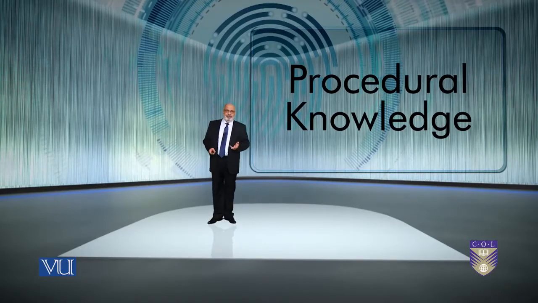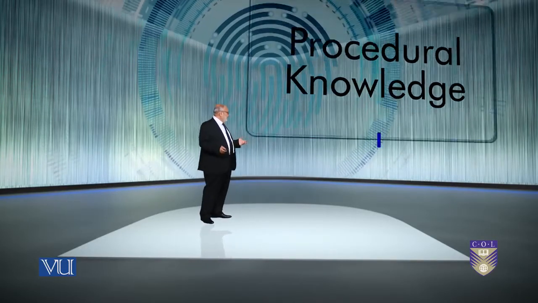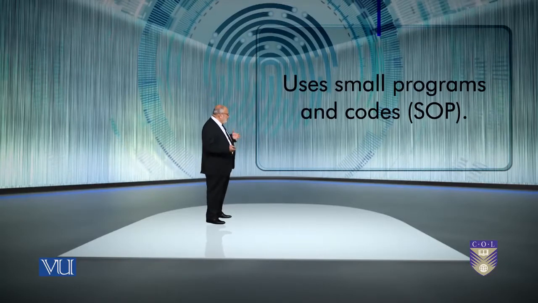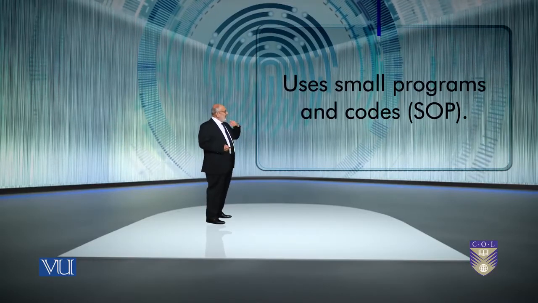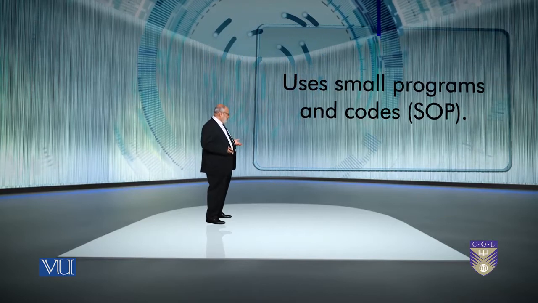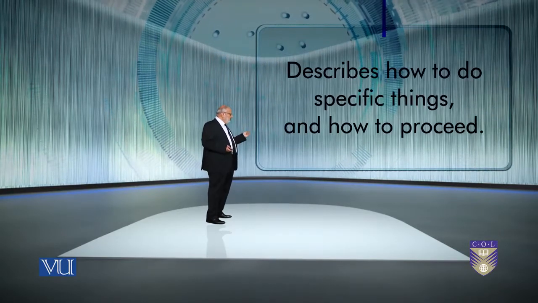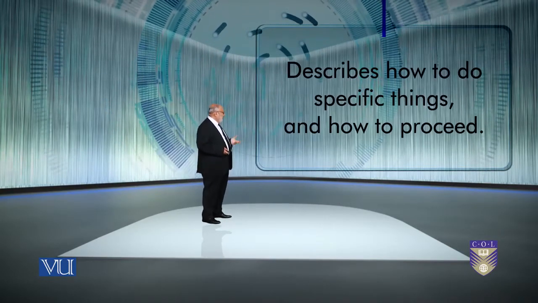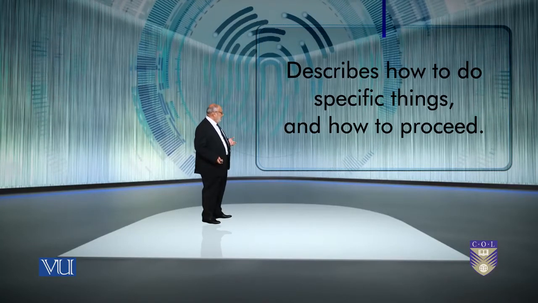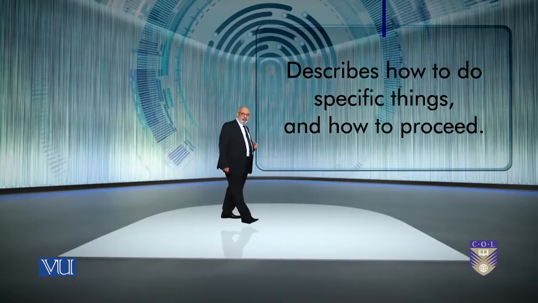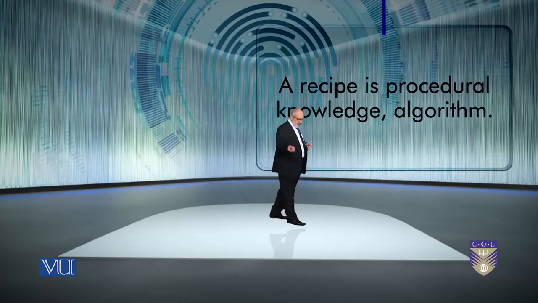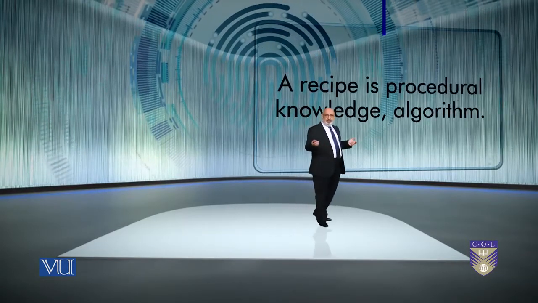Procedural knowledge, as I said before, is an approach that uses small programs and code. This is an SOP, how to do things, and it uses small programs and codes which describe how to do specific things and how to proceed. A recipe is procedural knowledge.